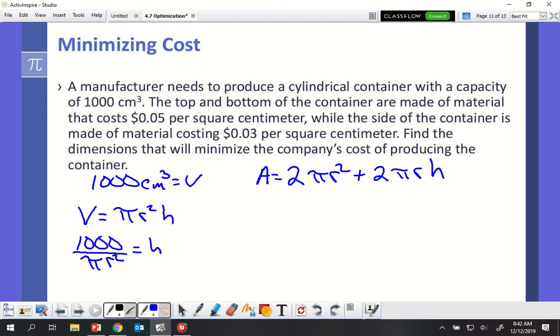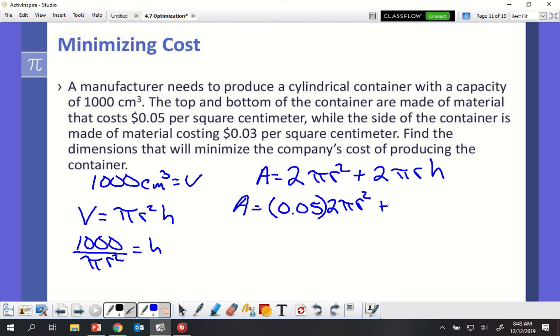So now, this was the top, wasn't it? And what is the cost of the top? 5 cents per square centimeter, right? And so it's this, which is going to give me an area, times that cost. So my cost is going to be 0.05 times 2 pi r squared, right? Plus, now the side material of the container is 3 cents per square centimeter, so I have to put that in there.